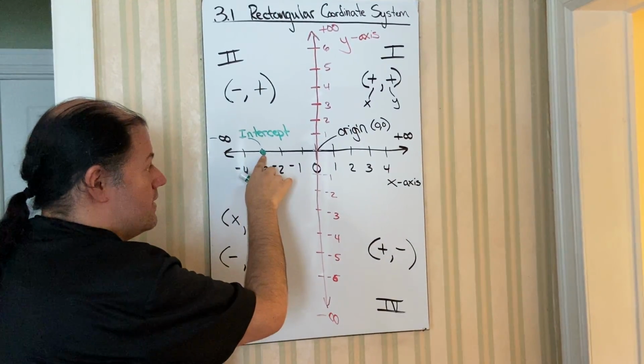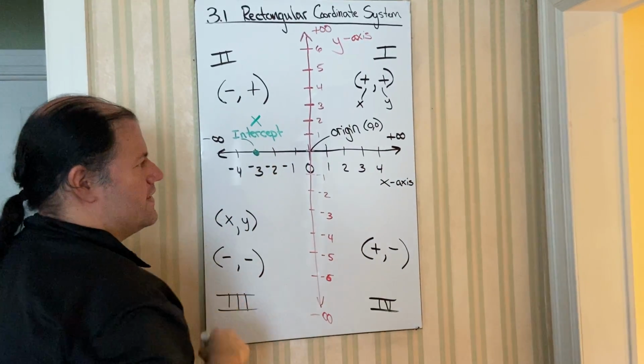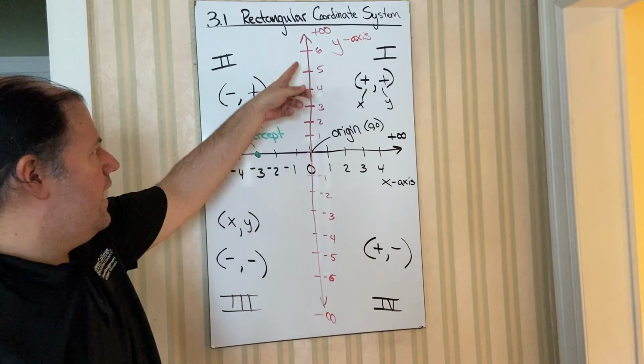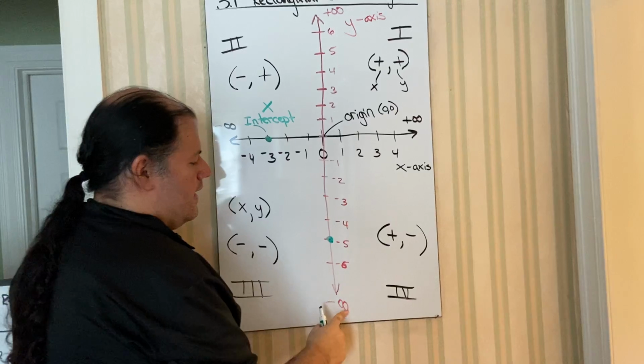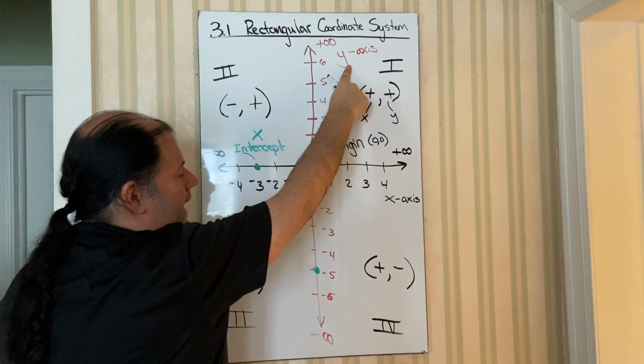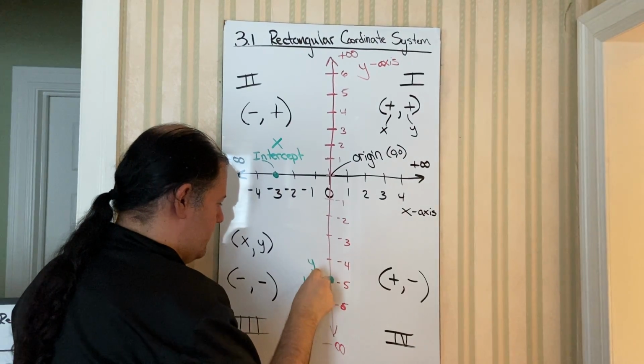Now this one, because it's on the x-axis, we call it x-intercept. If I have something on this, let's say here, since it's on the y-axis, we'll call this the y-intercept.